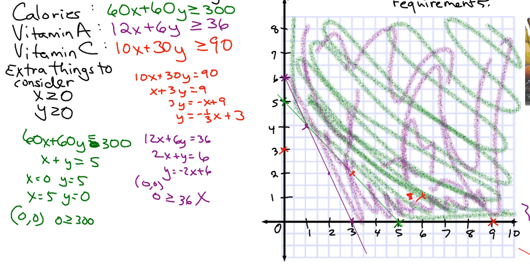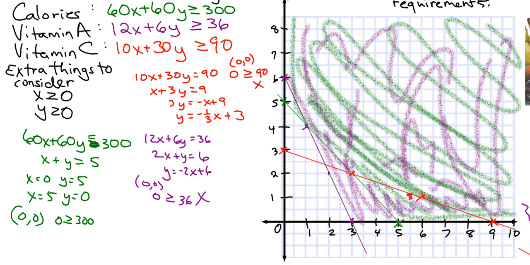And so then this constraint will go along here. My expectation is that I'm going to be shading above, but I will check that just to make sure. If I check 0, 0 in this equation, I'm going to get 0 is greater than or equal to 90, which is not true. And so that means it is not shaded.